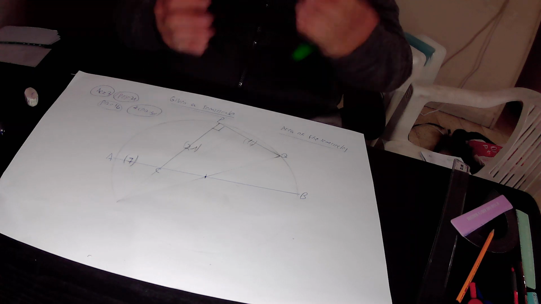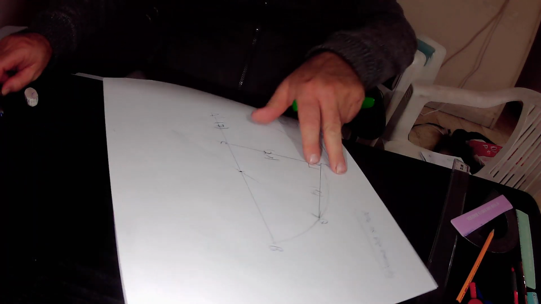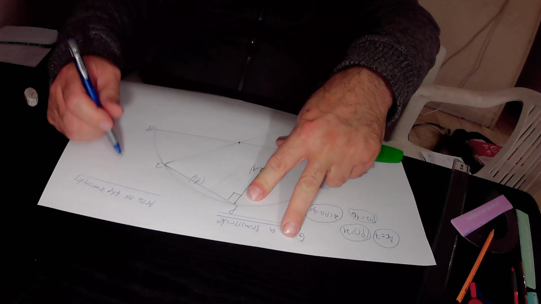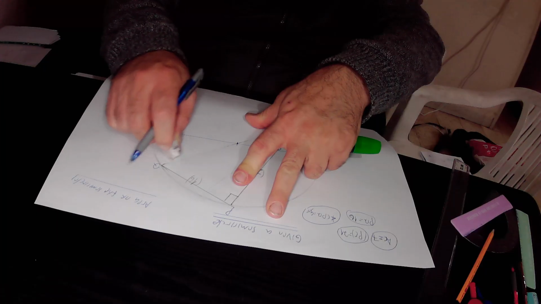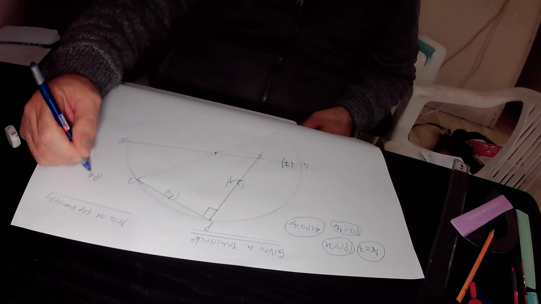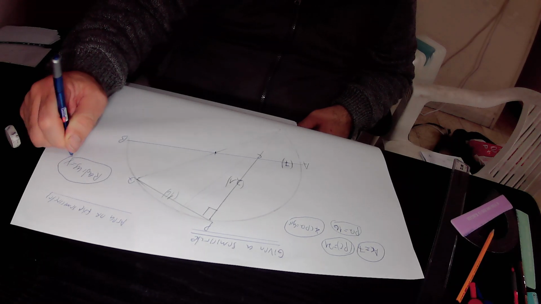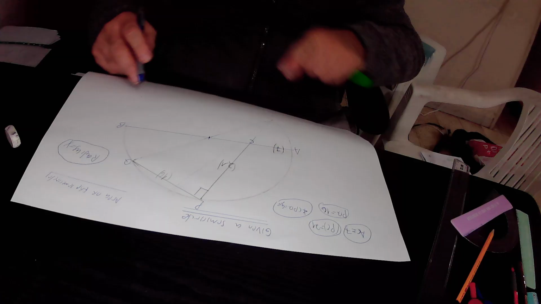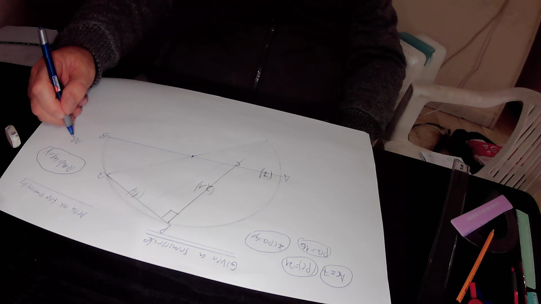We define the radius of this semicircle as x. So the diameter AB equals 2x.